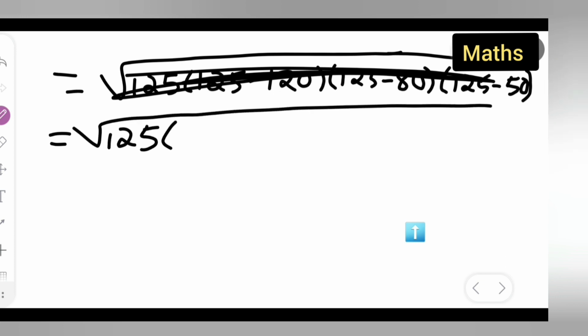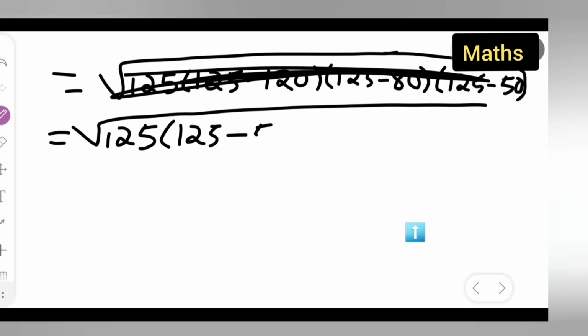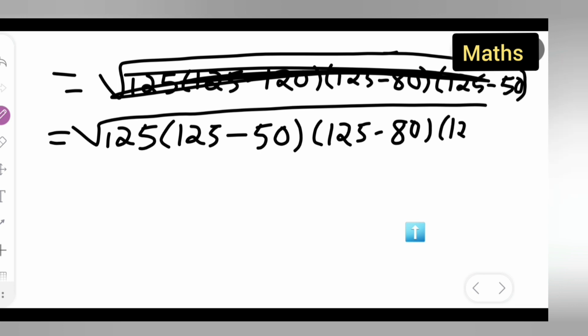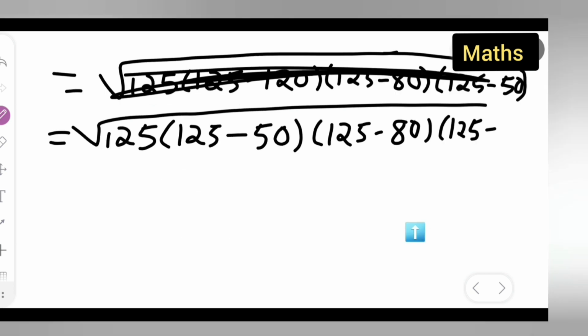$125, then it is 125 minus, what is your A? Your A is 50, 80, 120. So 125 minus 50, 125 minus 80, 125 minus 120.